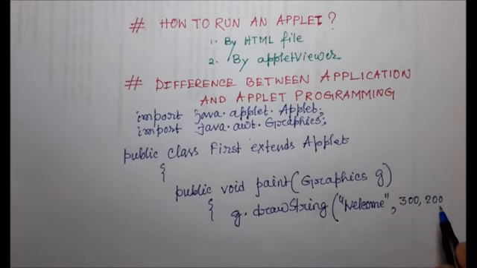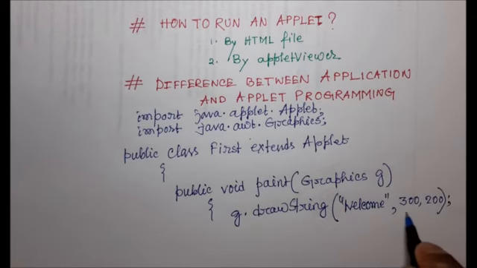You will get a clear idea of what the x and y coordinates mean when I execute this program in the system. I just want to print a simple welcome message in my applet program, so I have completed all those things.